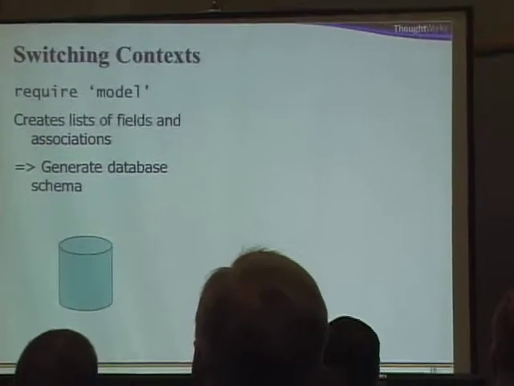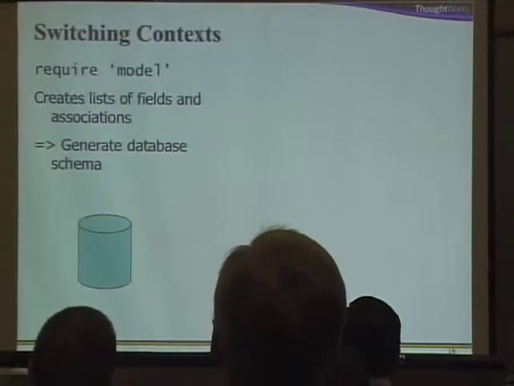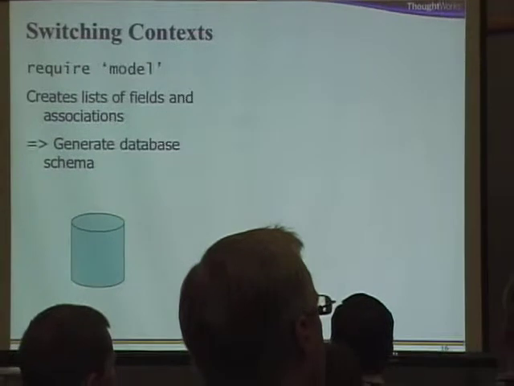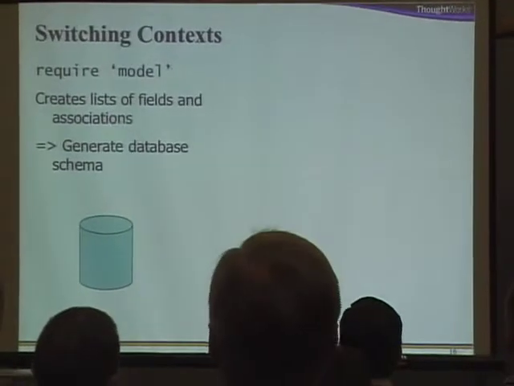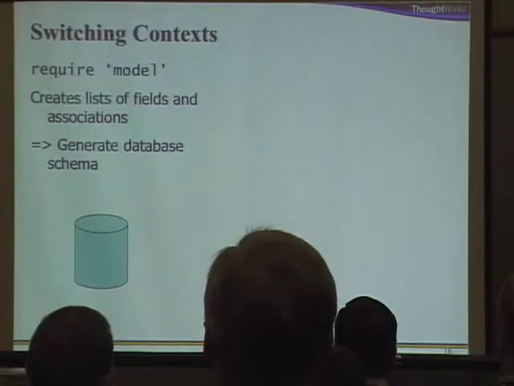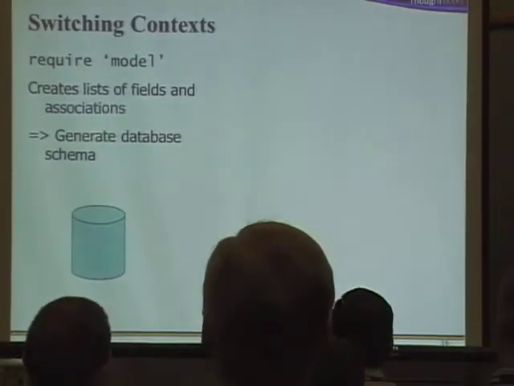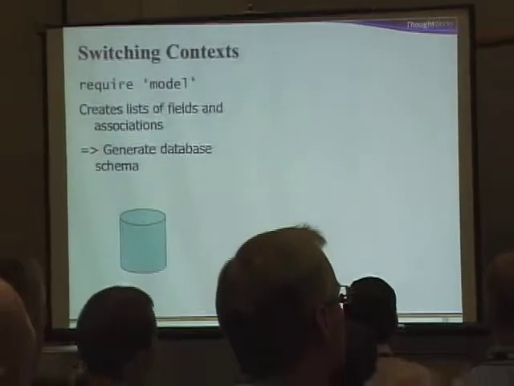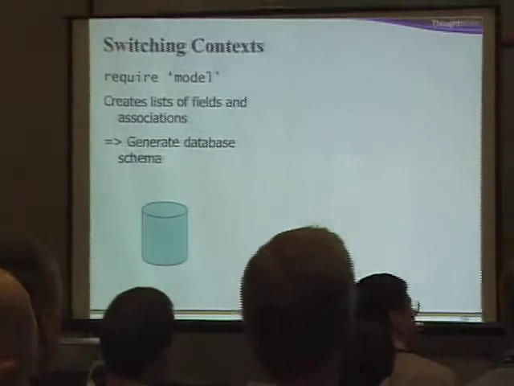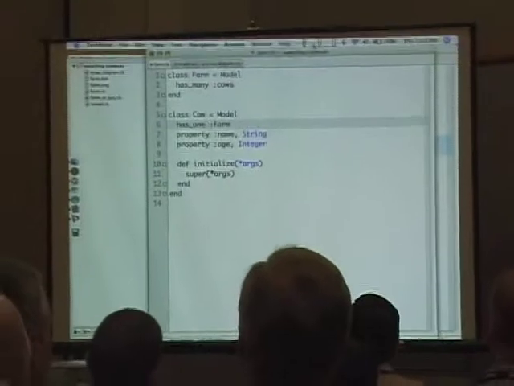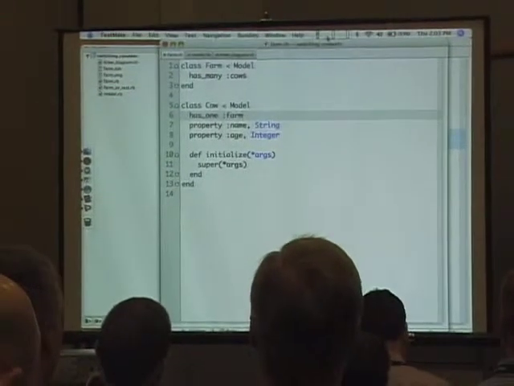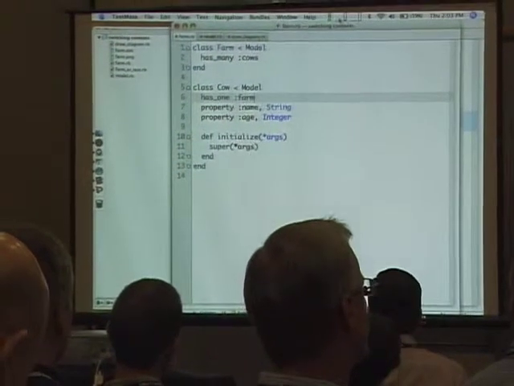What's interesting about this particular example is that if you add a require model to the top of this file, it generates a list of fields and associations ready to generate the database schema for you. So requiring model at the top basically changes the behavior of what this source file does, because now it will go off and generate a database schema.